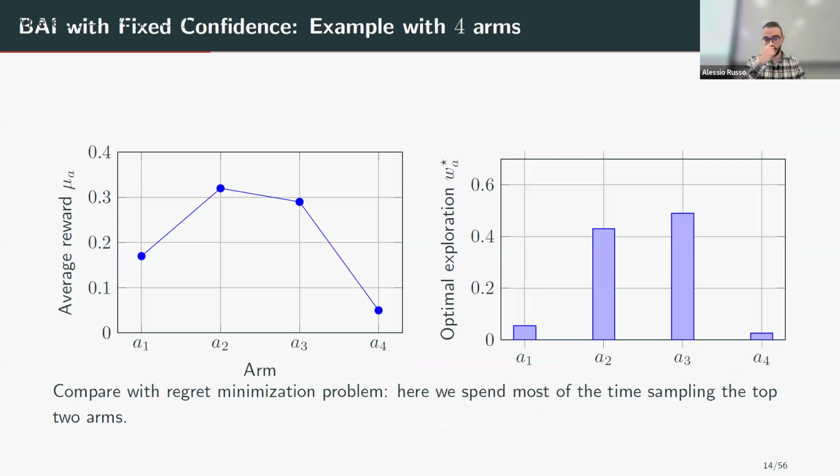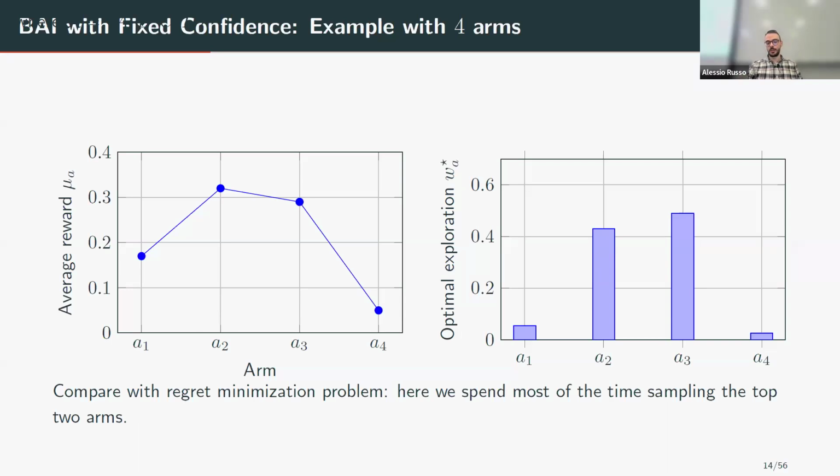Here is a very simple example where we compute this w star, the optimal exploration strategy for the bandit case. What's interesting is that the optimal exploration strategy will not necessarily assign more probability mass to the optimal arm. For example, in this case, the optimal arm is arm 2, but the optimal exploration strategy is assigning more probability mass to the second best arm.